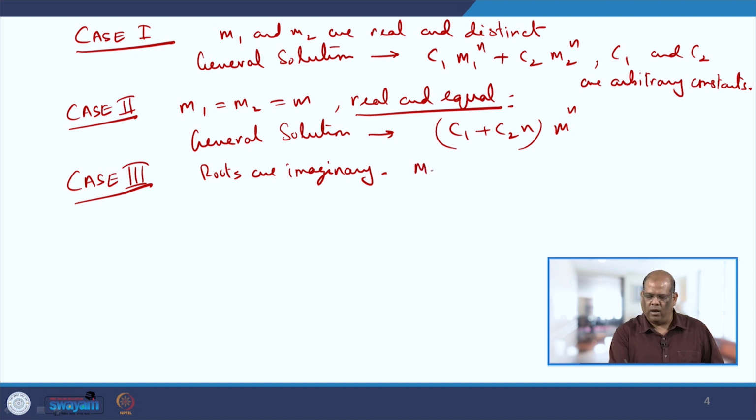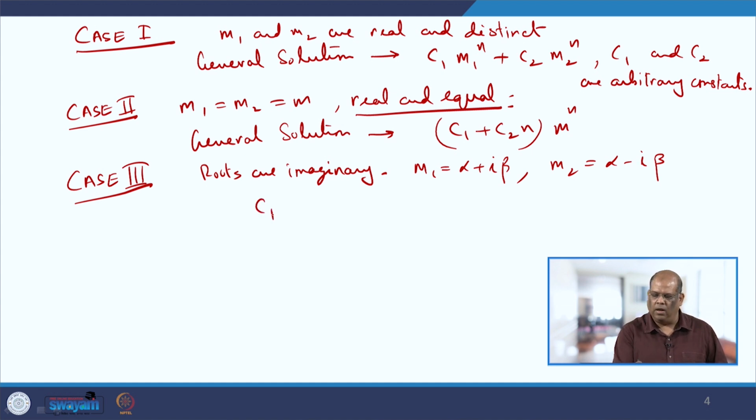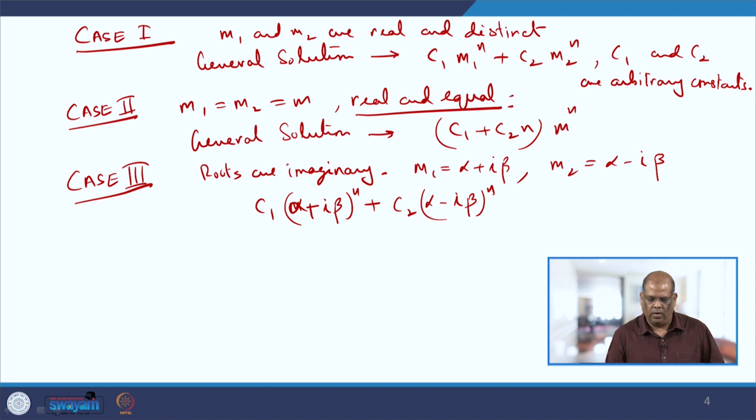So your m1 has to be some alpha plus i beta, and your m2 has to be alpha minus i beta, the conjugate pair. So the solution will be of the form C1 times alpha plus i beta to the power n plus C2 times alpha minus i beta to the power n.